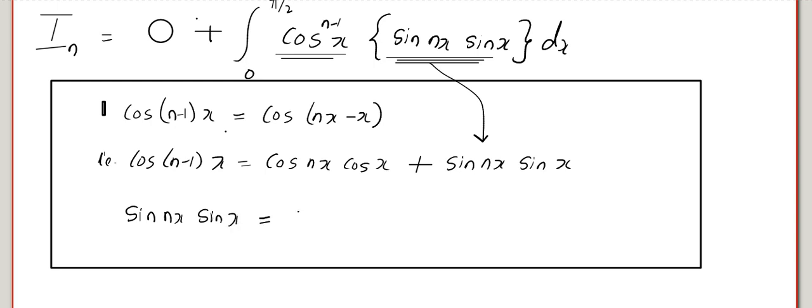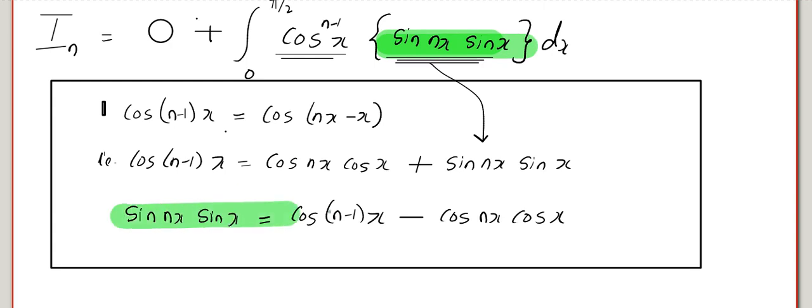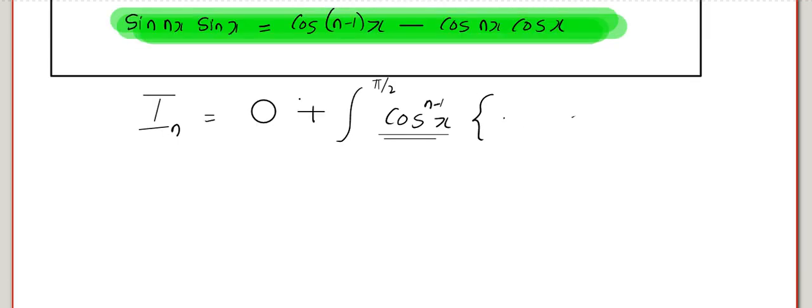That will be cos (n minus 1) into x minus cos nx cos x. So, time to replace. So, we are going to replace this with this. So, what should I write here? Cos (n minus 1) into x minus cos nx cos x.